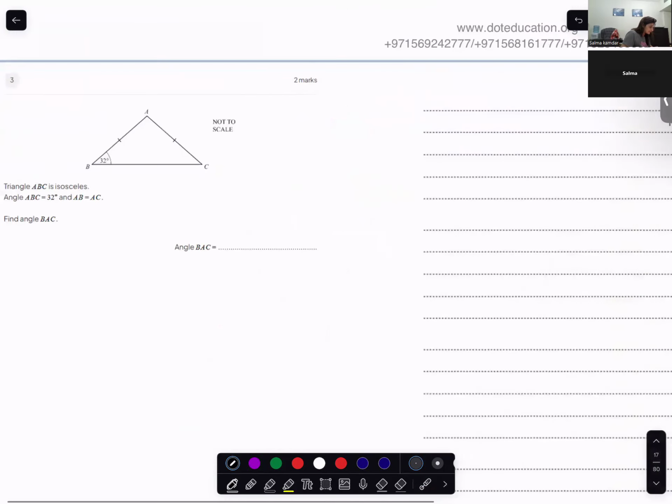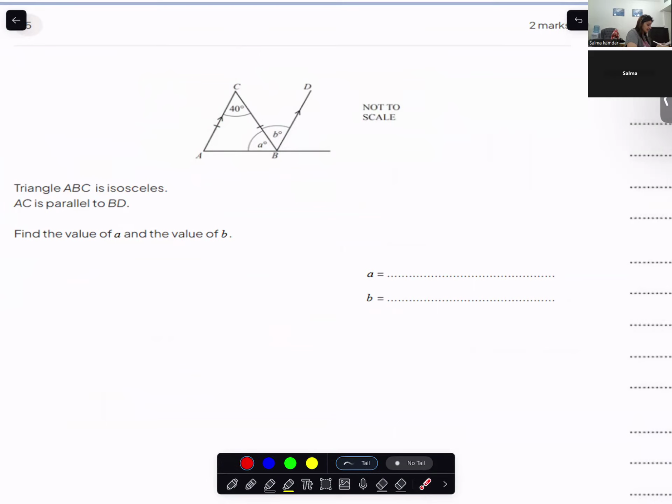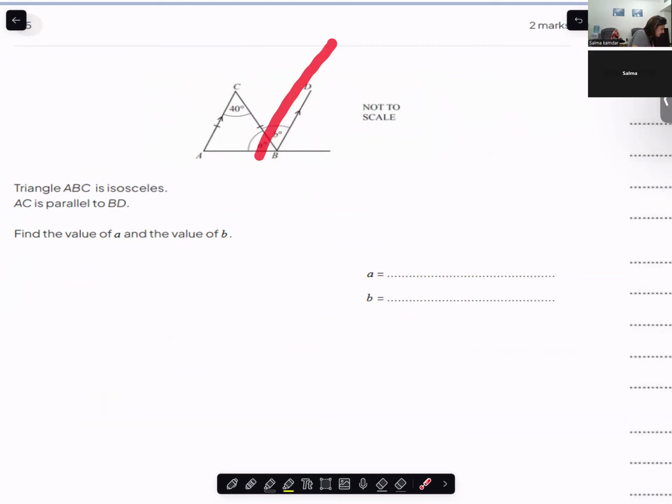Since it is an isosceles triangle, and I know AC is parallel to BD, find the value of A and B.